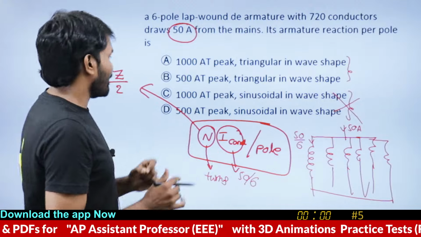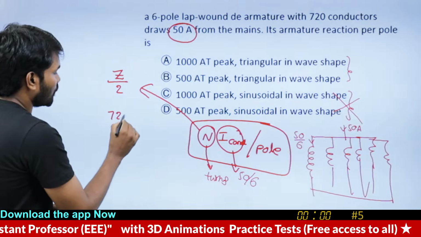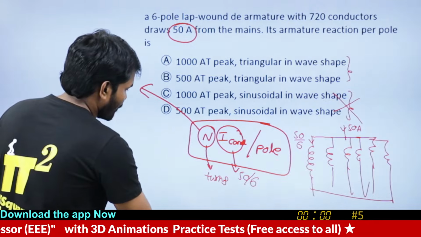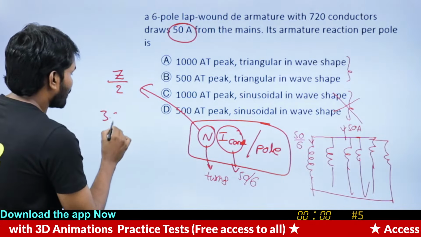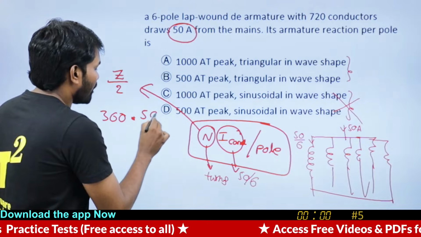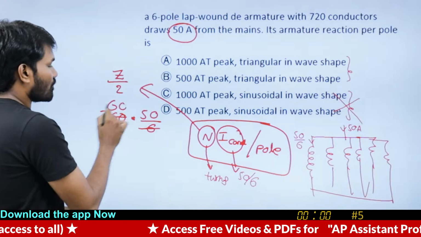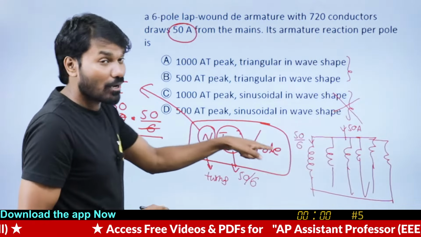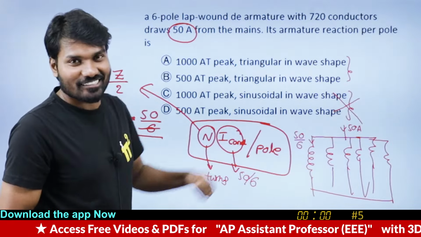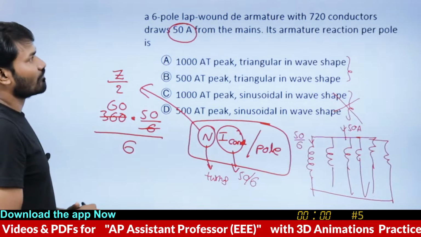So the answer is, careful, Z is how much? 720 by 2, which is 360. Let me just write 360 directly. 360 is number of turns into 50 by 6. Don't forget to add this: per pole means number of poles are 6.